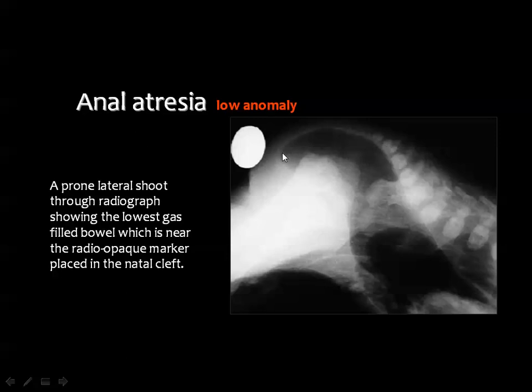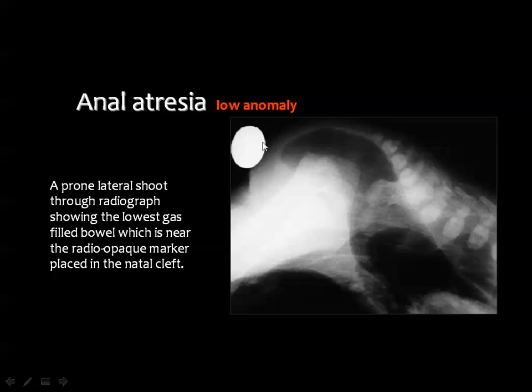Usually we do a lateral film, known as an invertogram, because the head of the patient is down and his buttock is up, in order to push the air as far as the distal part of the colon.